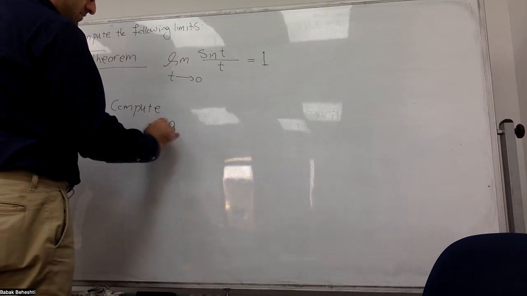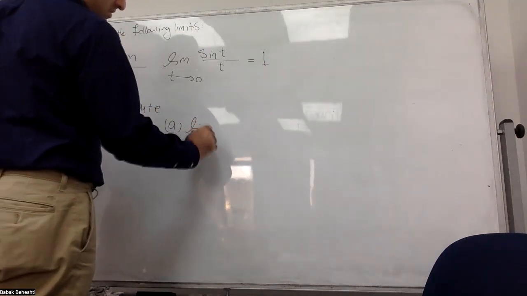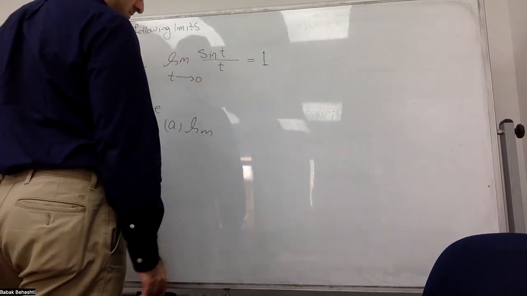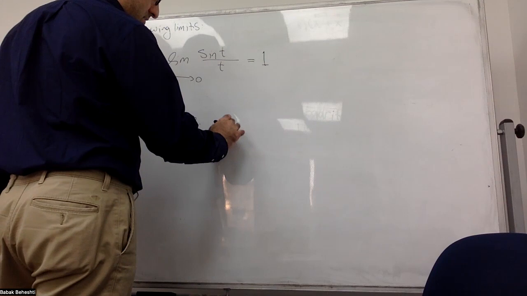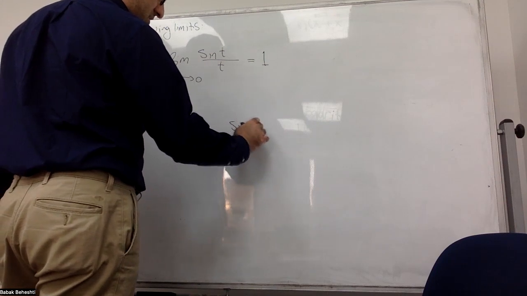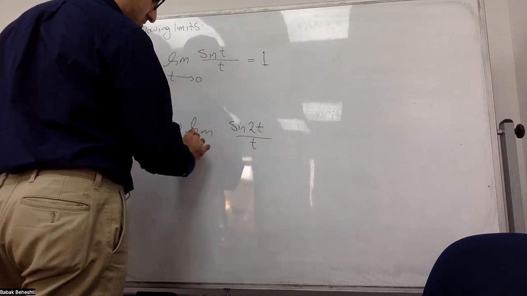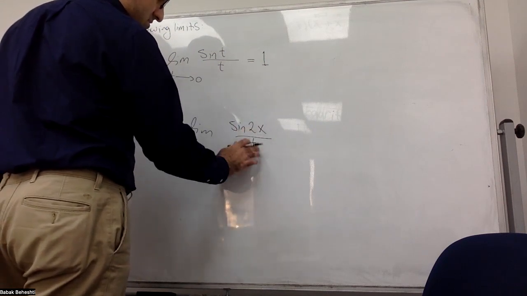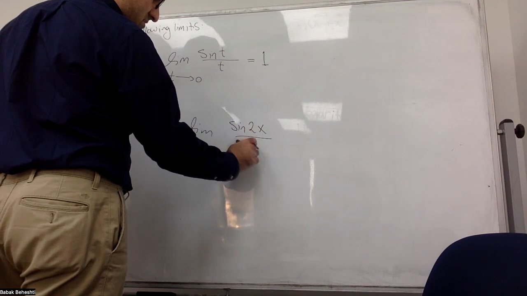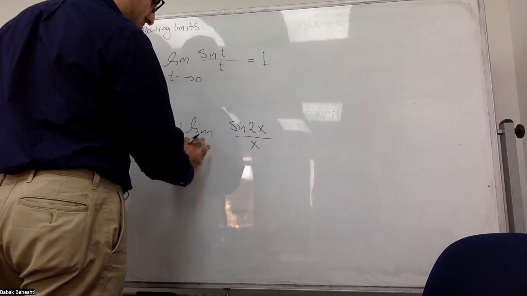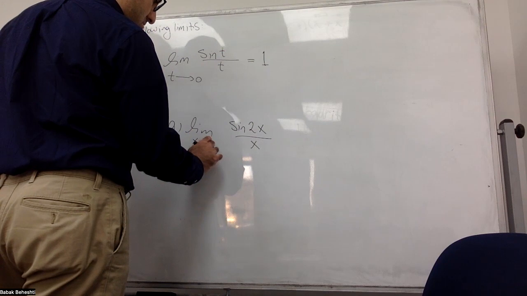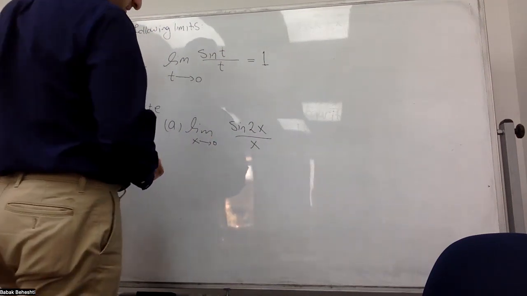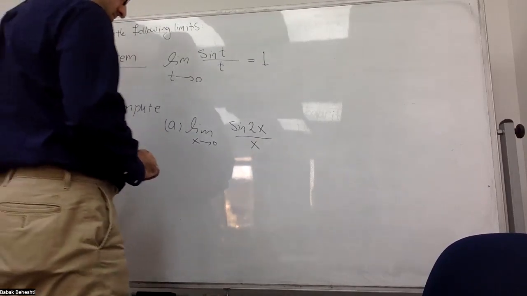So A, limit of sine 2x over x, x goes to 0.